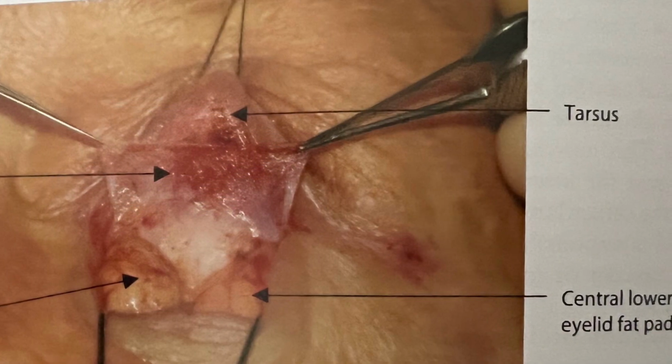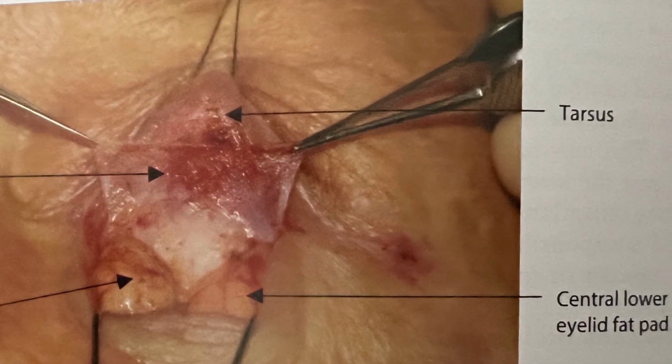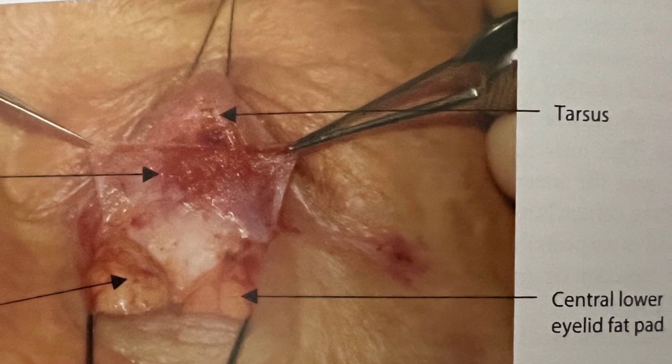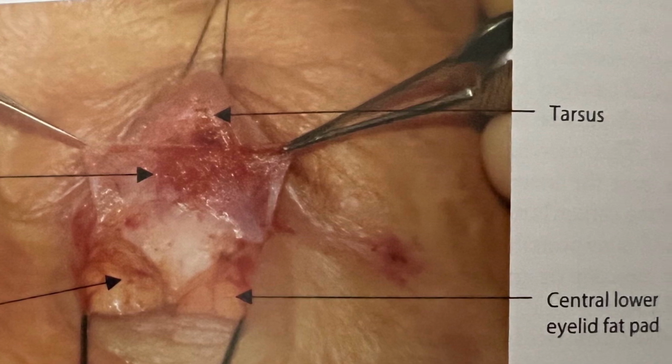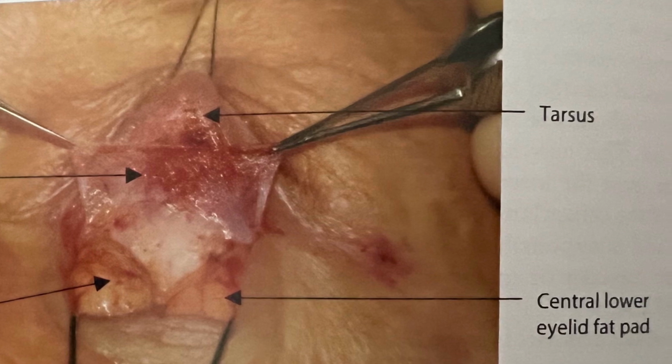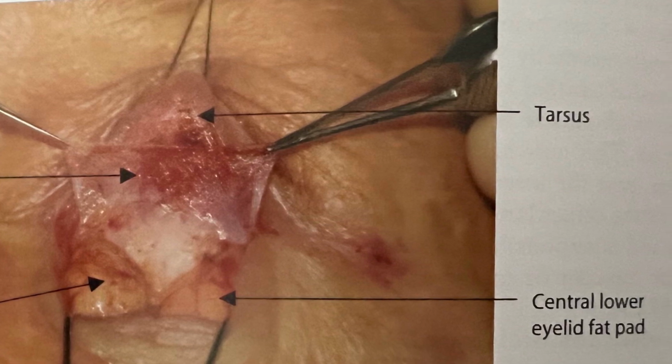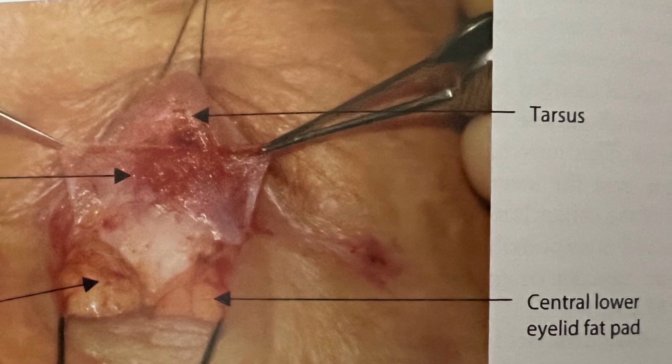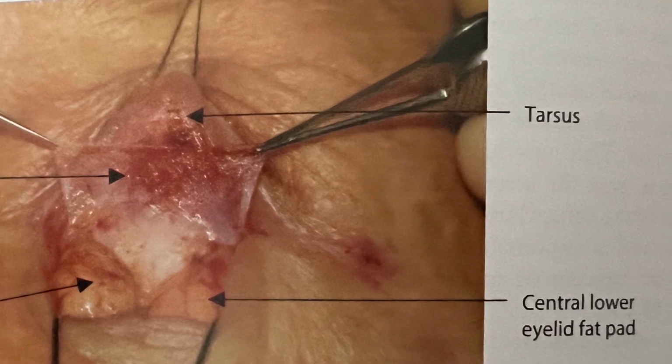The tarsus in the lower eyelid is approximately 4 to 5 mm in height. The lower eyelid retractors are analogous to the levator aponeurosis in the upper eyelid. The smooth inferior tarsal muscle is analogous to Müller's muscle in the upper eyelid.